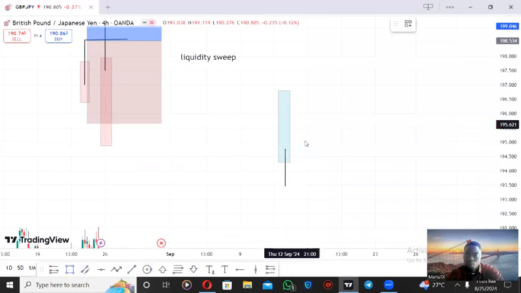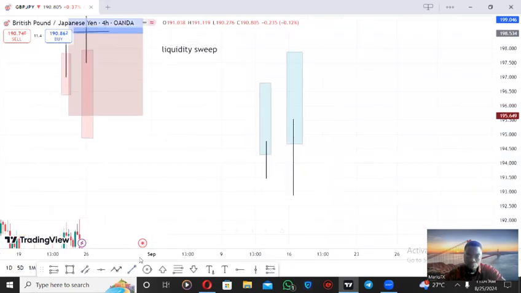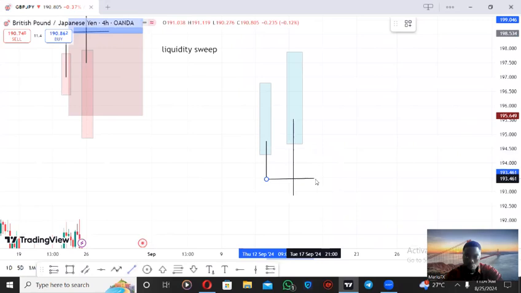As price is pushing up, sometimes you will see that before price breaks structure, it will come back down to sweep buyers here. You will see that sweep here, where you see wicks.